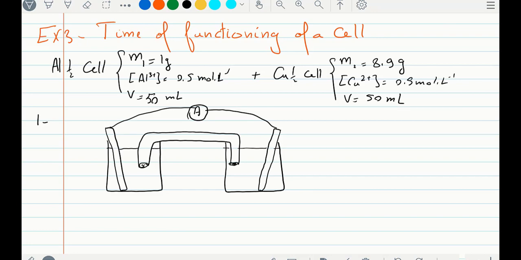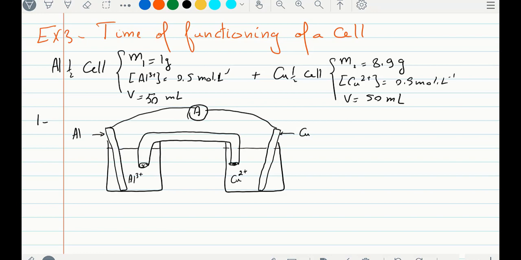Al half cell, we put Al in this half cell or in this half cell, as you wish. If we put Al strip in this beaker, then the solution should contain the corresponding cation Al3 plus, and in this other beaker the strip must be Cu strip, and the solution must contain Cu2 plus ion.